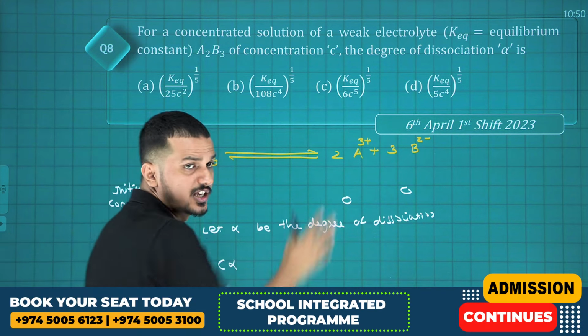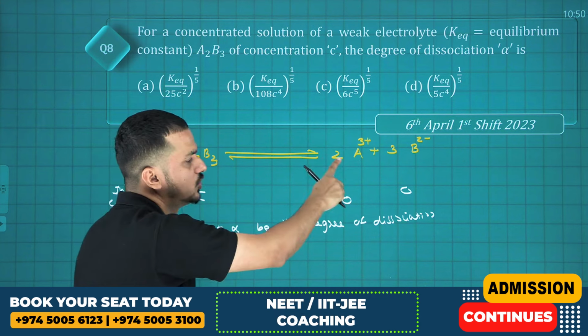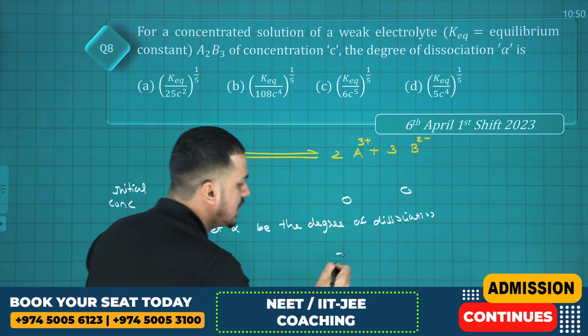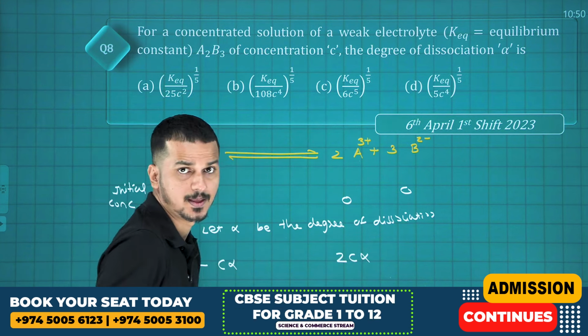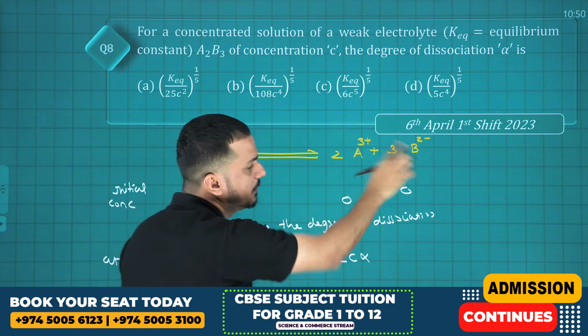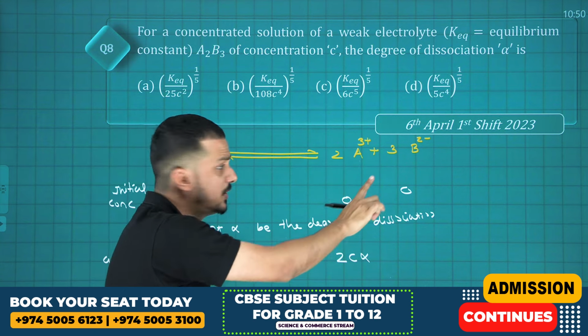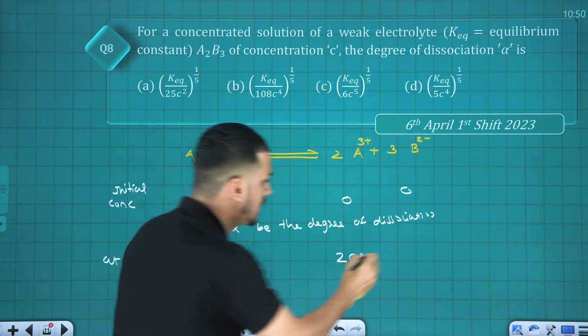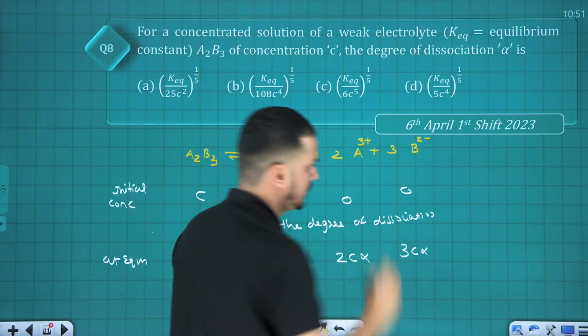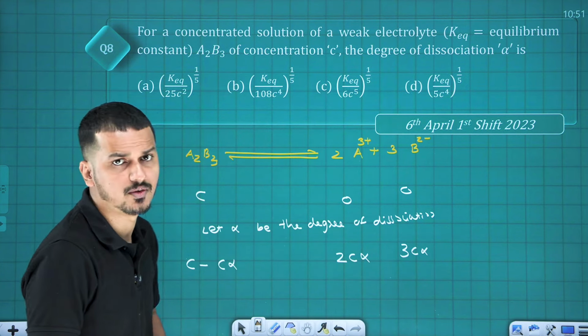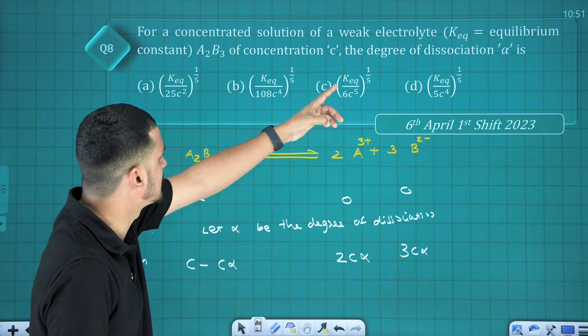How much A3+ is produced? If 1 is reacted, 2 will be produced, so when C alpha reacted, 2C alpha will be produced. If 1 is reacted, 3 B2- will be produced, so 3C alpha of B2- will be produced. Clear? Now they are asking us to find the relation for K equilibrium.